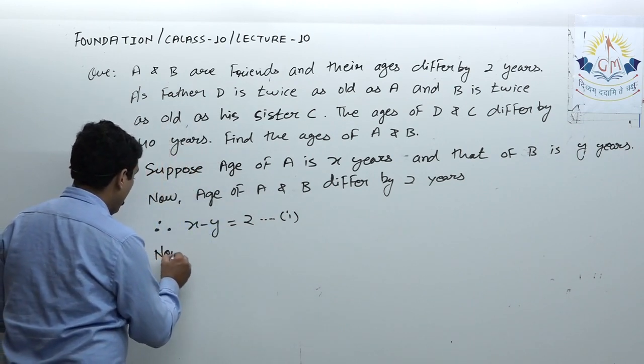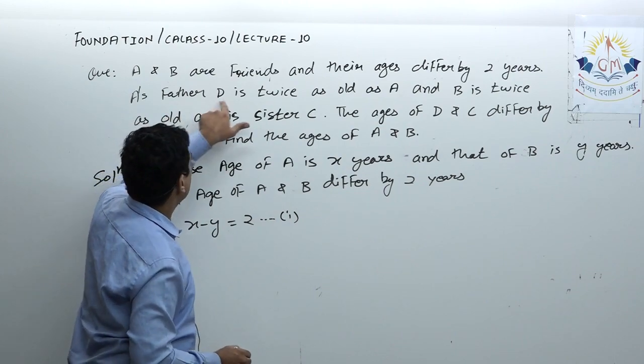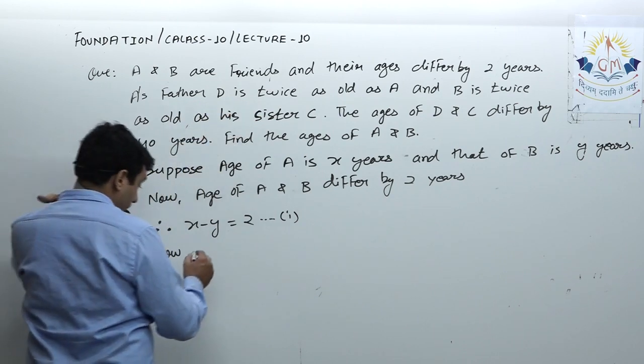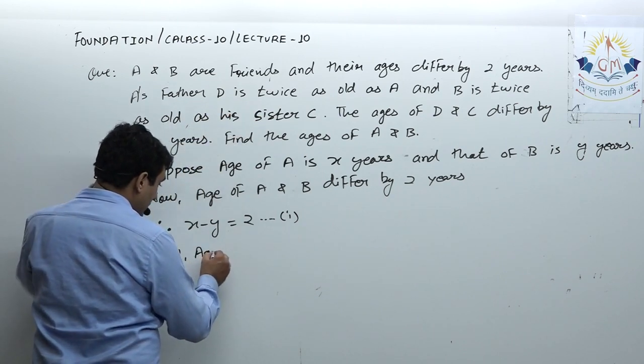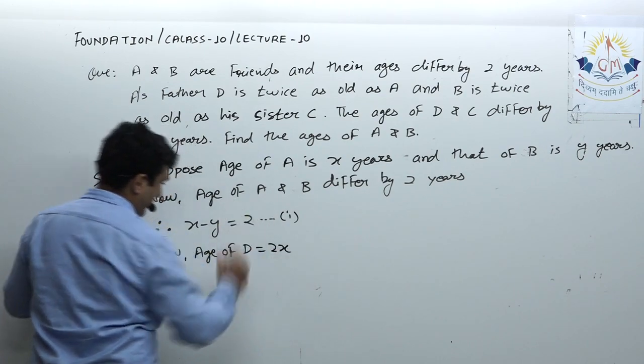Now, next it is given A's father D is twice as old as A. So the age of D is 2x.